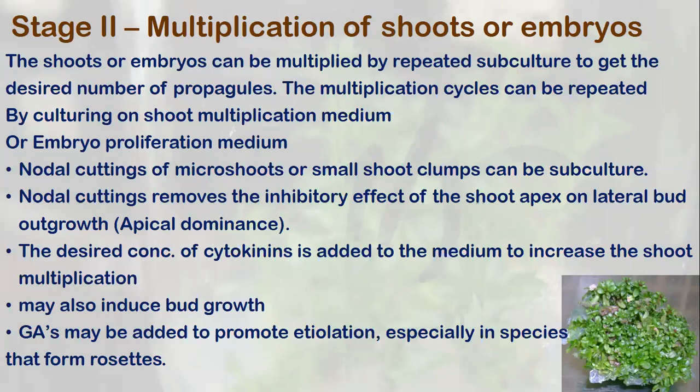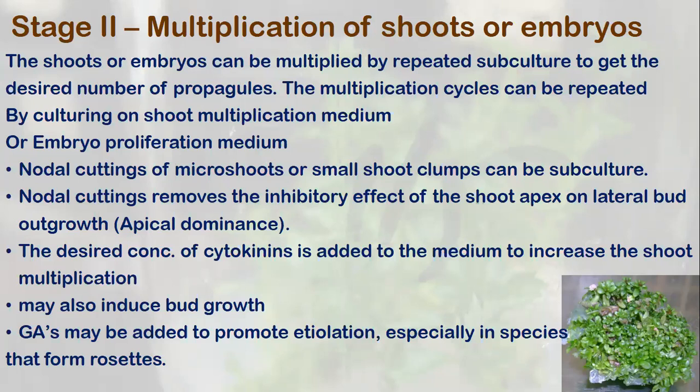But if we cut that, there is no organ to withdraw, and it gets distributed to all the shoots, and all the shoots then start growing. This phenomenon is called apical dominance. So basically shoot multiplication is achieved by removing or inhibiting apical dominance.